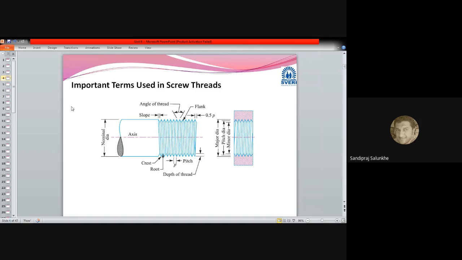So here you can see the diagram in which we can see different terms related to the threads. Here the threads which are used are the V threads.